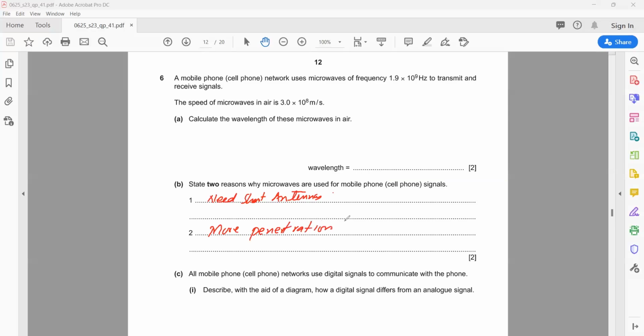They can pass through walls and other things.